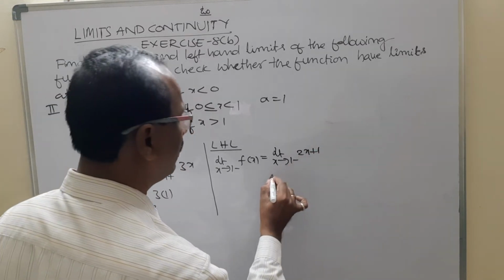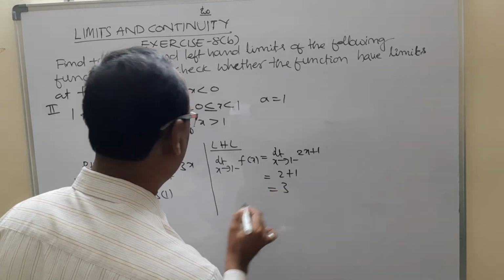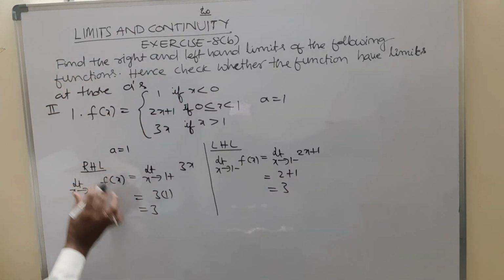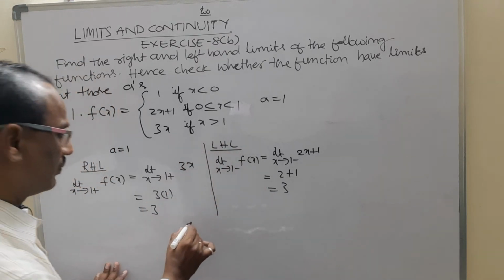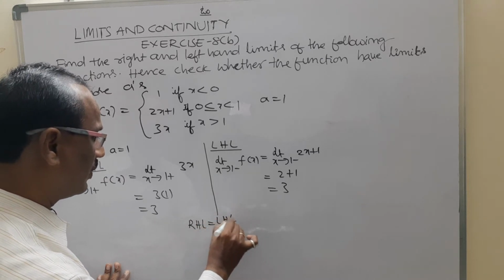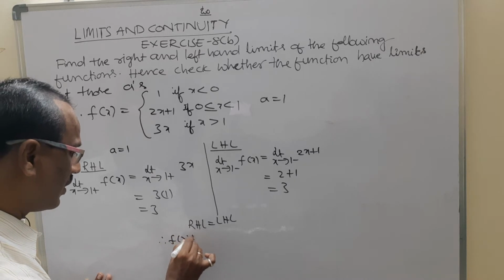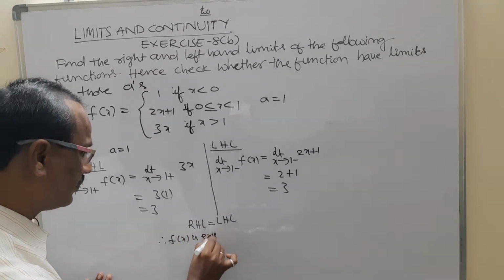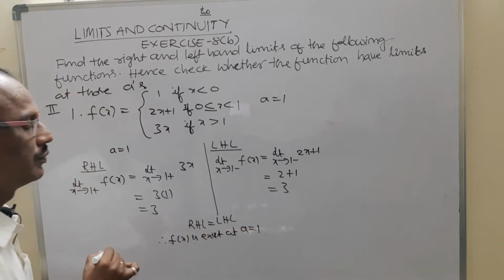Here x equal to 1, that equals 2 plus 1, that equals 3. In this problem, the right hand limit value is 3, the left hand limit value is 3. These two are equal. Right hand limit equals left hand limit. Therefore, the limit of f of x exists at a equal to 1.